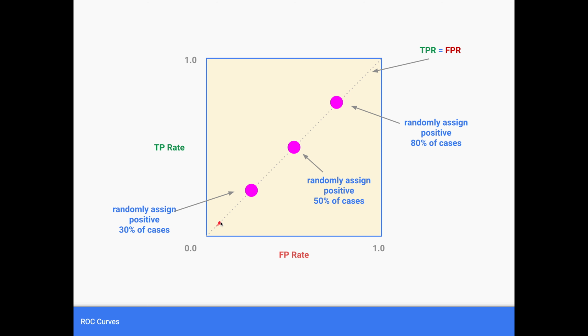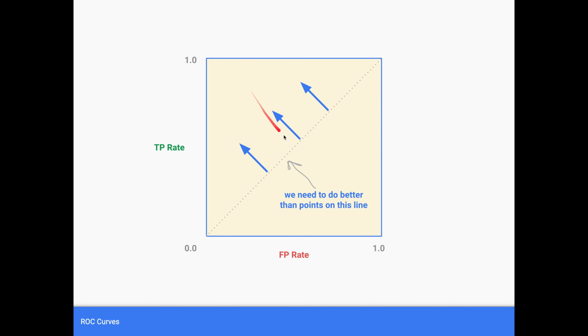And if we have a classifier that sits anywhere along this line, it's not a good classifier at all. So we want to move classifiers away from this line towards this ideal corner. And why do we say this direction? Because this direction means a lower false positive rate moving left and a higher true positive rate moving up. So moving left is okay, moving up is good, doing both is better.